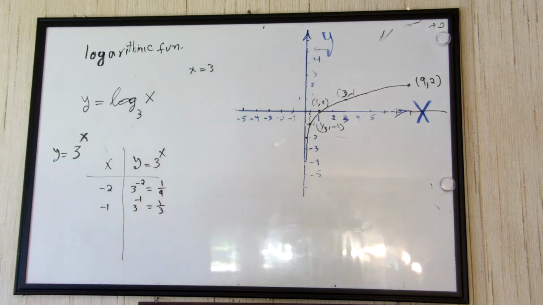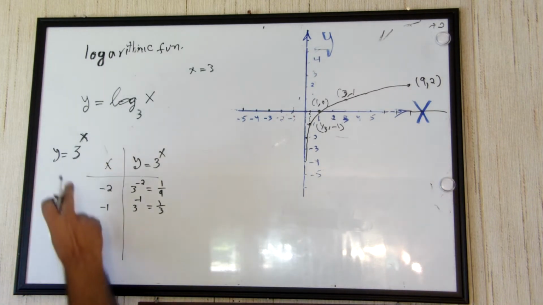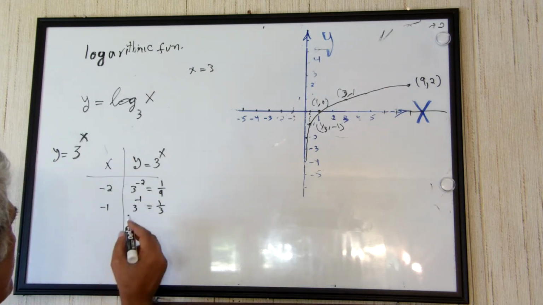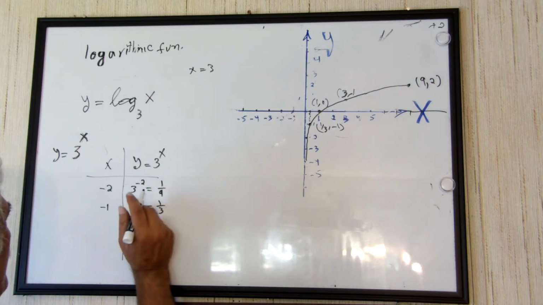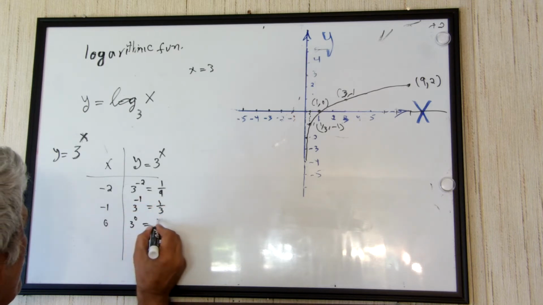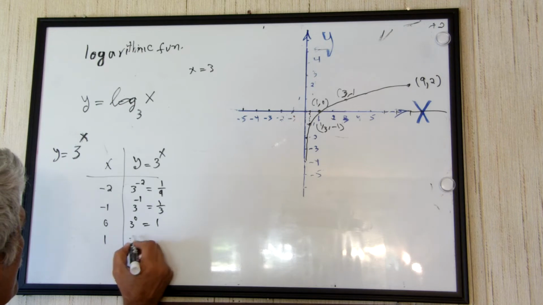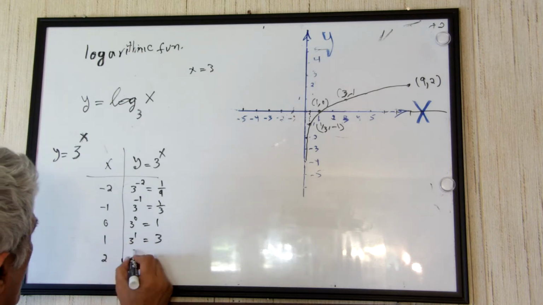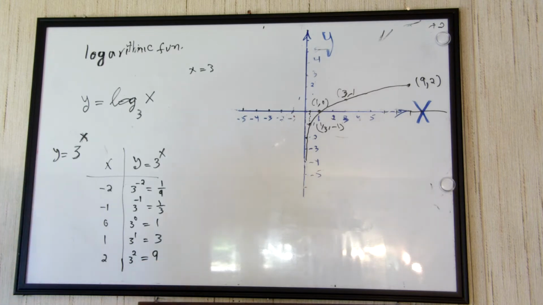Because we are using the same example, to show you that this is the inverse of this exponential function. So if x is 0, 3 to the power of 0 is going to be 1, 3 to the power of 1 is going to be 3, 3 to the power of 2 is going to be 9. So let's graph this.